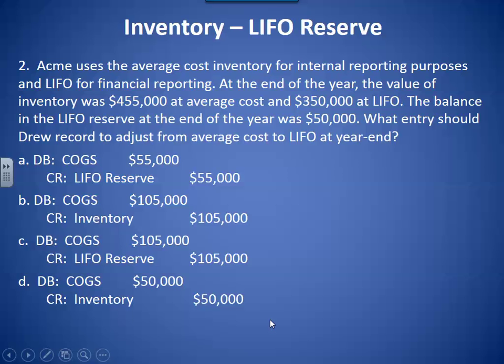And again, remember the LIFO reserve is a contra account. So the LIFO reserve itself basically reduces the value of inventory and increases cost of goods sold. Again, this is a bit of a learning slide. Go ahead and see if you can discern the answer. Go ahead and stop the video.